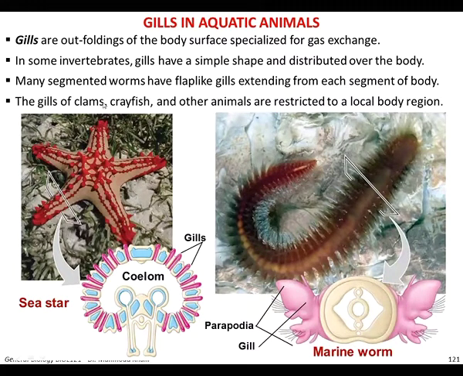The gills of clams, crayfish, and other animals are only restricted to a local body surface or local body region. So there is a major difference between clams, crayfish, and other higher animals compared to the sea star and the segmented worm. You can see in both examples, the gills are distributed all over the body.